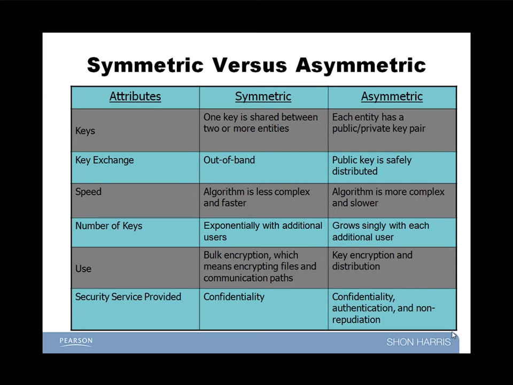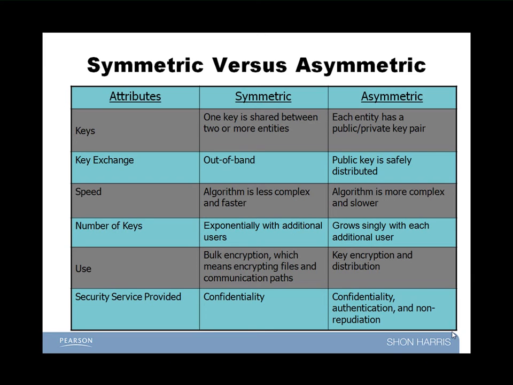Now let's go ahead and jump down to the security services provided. Symmetric only provides confidentiality. Remember that it cannot provide authentication and non-repudiation. And why is that? With symmetric keys, we cannot prove that one person sent something.